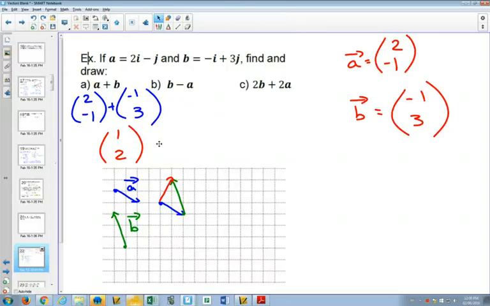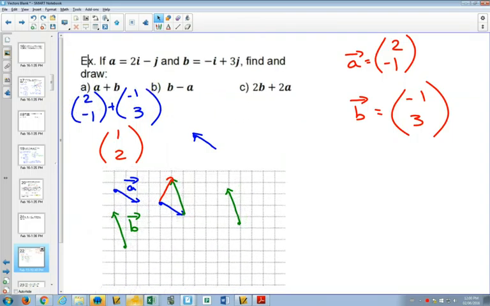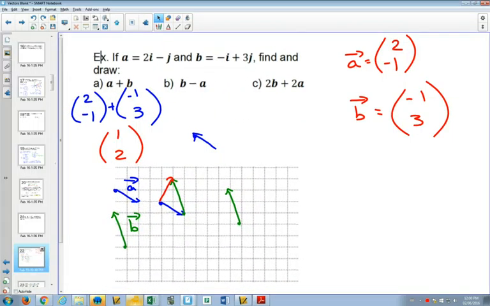Similarly, if I took B, there's my vector B, and then I took -A. So -A would be this one, but our arrowhead would switch to the other side. Whoa, that's crazy.